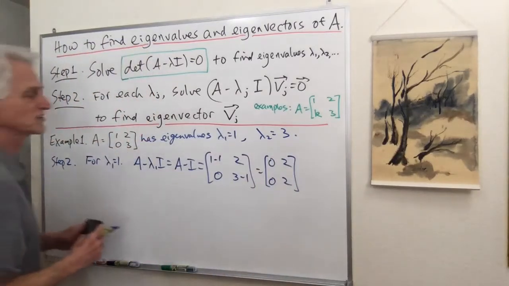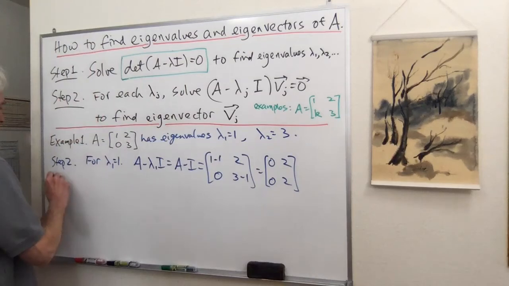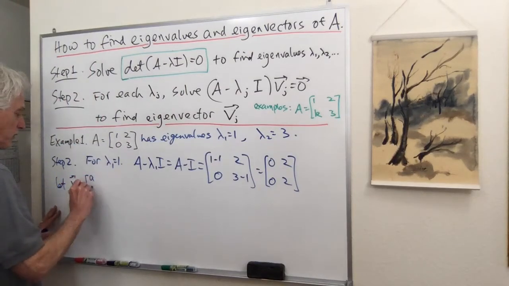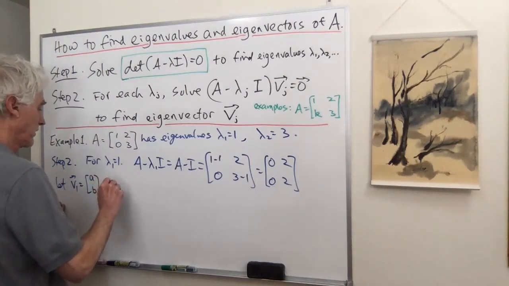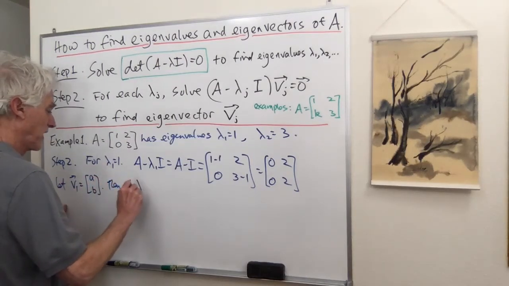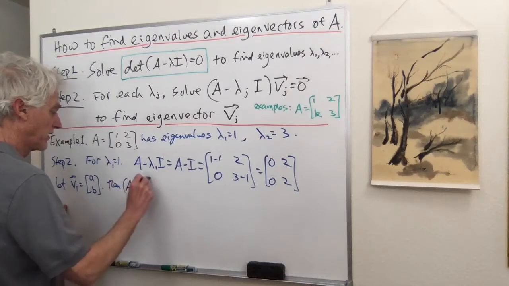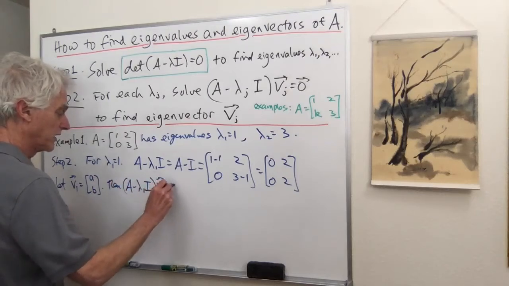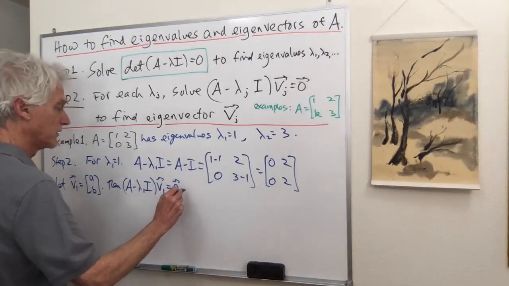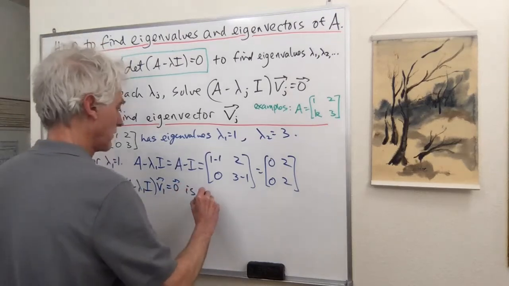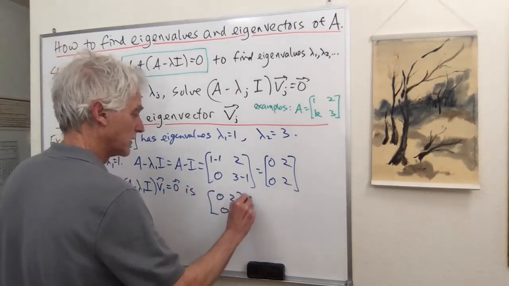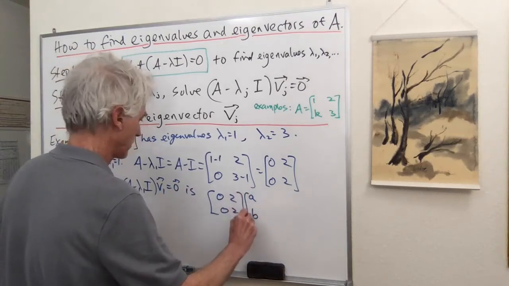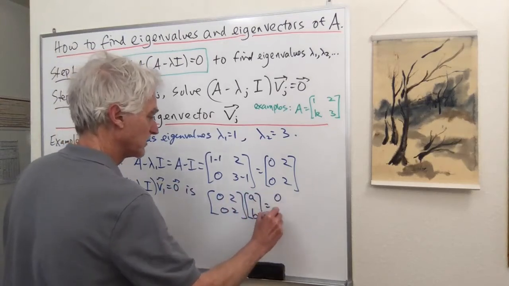So now let's solve this. Let V1 be, let's just give the components names a and b. Then A minus lambda 1 I times V1 equals 0 is 0, 2, 0, 2 times a, b is 0, 0.